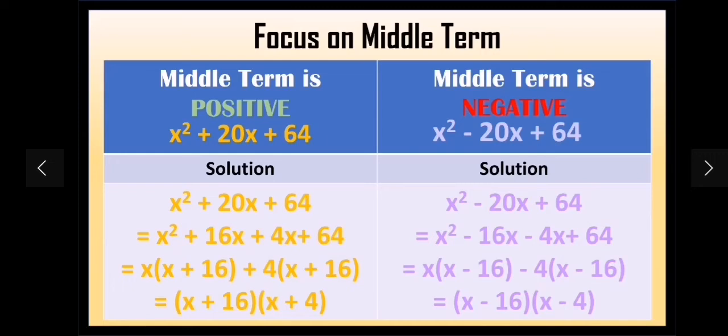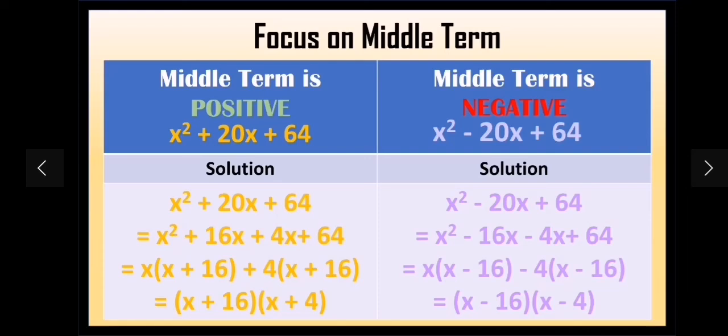I have taken 16x and 4x instead of 20x, and then I have taken x common from the initial two terms x square and 16x. So x plus 16 is remaining in the bracket, and then from the last two terms 4x plus 64, I have taken 4 common. Why so? Because 64 and 4 are divisible by 4.